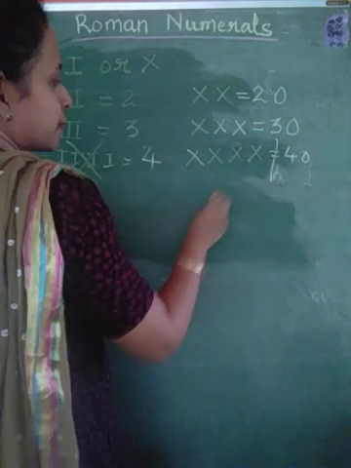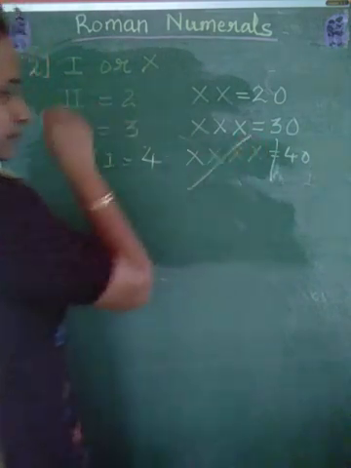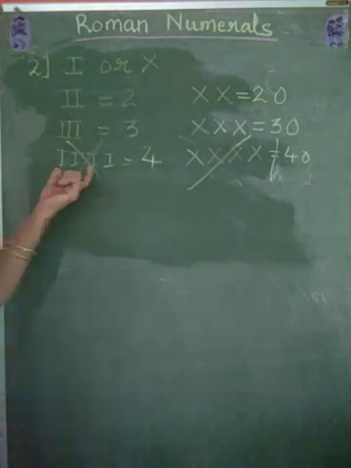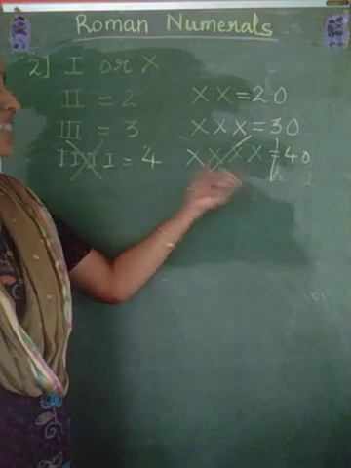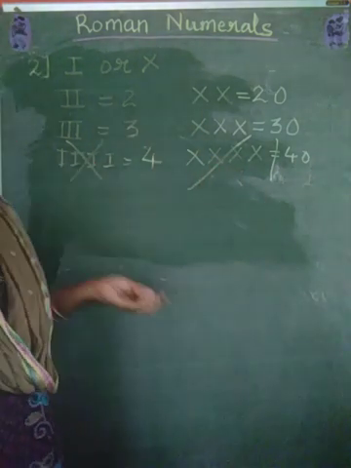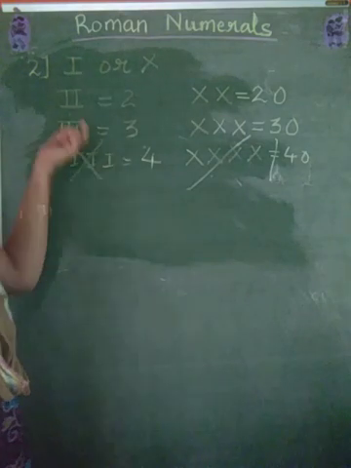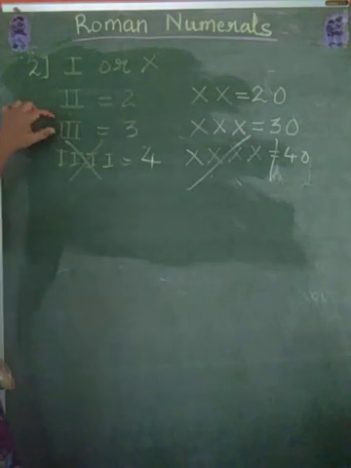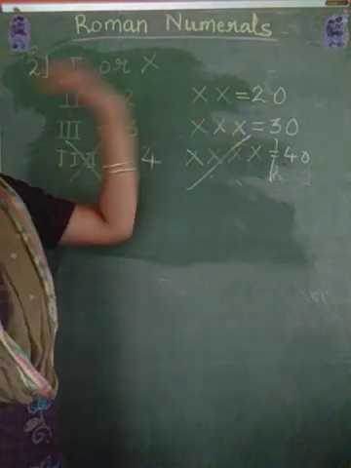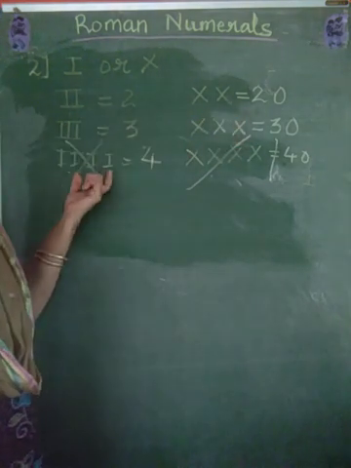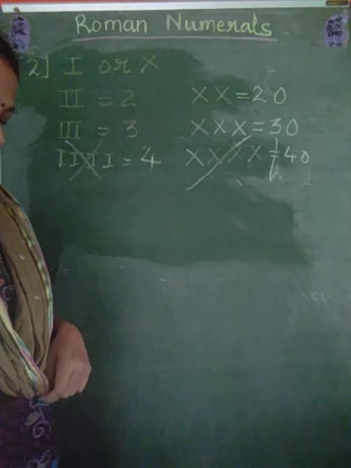This is wrong. So we cannot write I 4 times or more than that, and even X 4 times and more than that. We can write maximum up to 3 times I, X. So this is rule number 2.